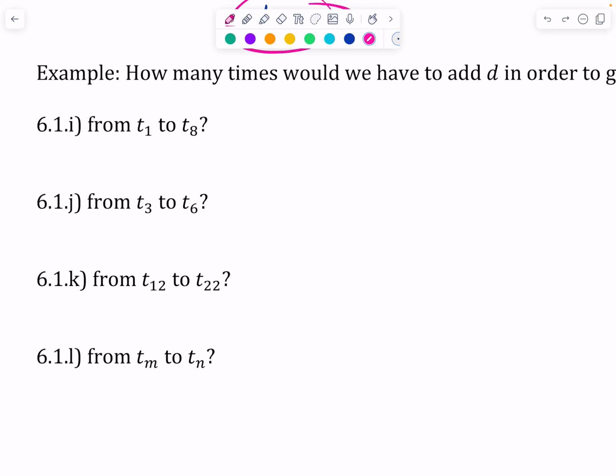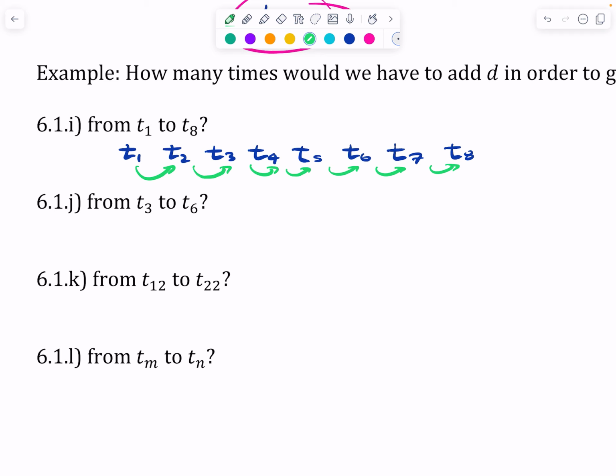All right, assuming you paused the video and gave these a shot, let's see. If we do this a slower way, we need to get from T1 to T2 to T3 to T4 to T5 to T6 to T7 to T8, and it's a bit of a process where we're adding the difference a whole bunch of times.